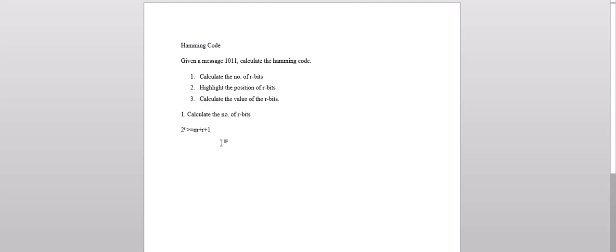Essentially we are going to use trial and error with this formula. We already know what M is: M equals 4, because we have 4 message bits.